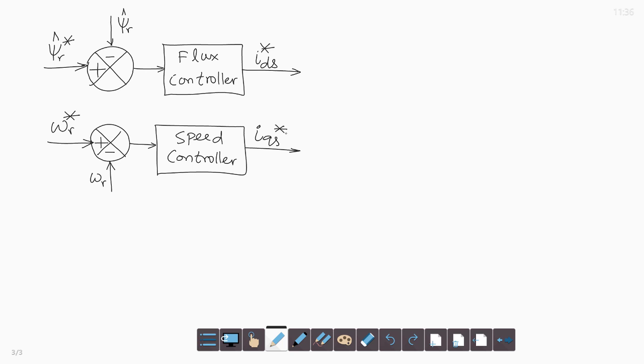IS is the stator current. It has two components, flux component is IDS and torque component is IQS, and stars are the command values.